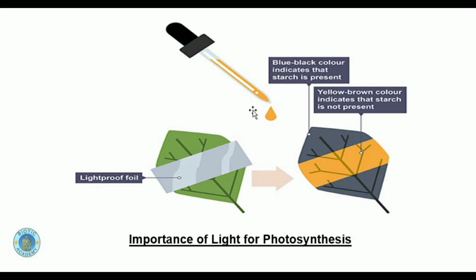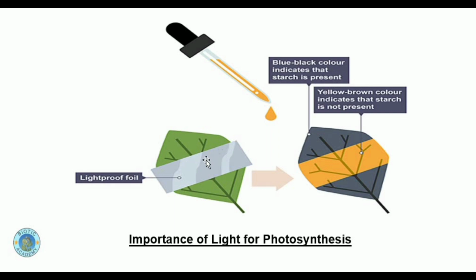In order to investigate the importance of light for the process of photosynthesis, we have taken a leaf which is still attached to its plant body, and we cover the middle part of this leaf with a light-proof foil, or any material which doesn't allow sunlight to pass through.